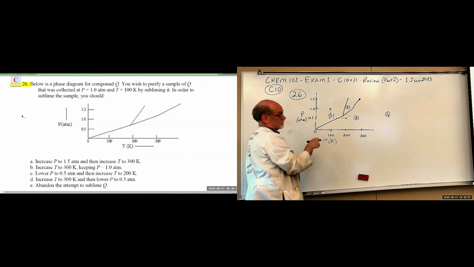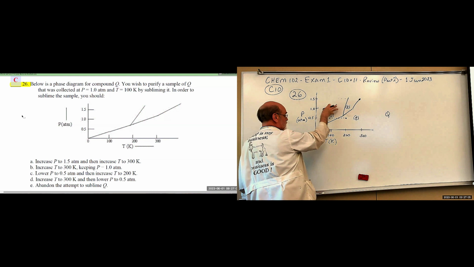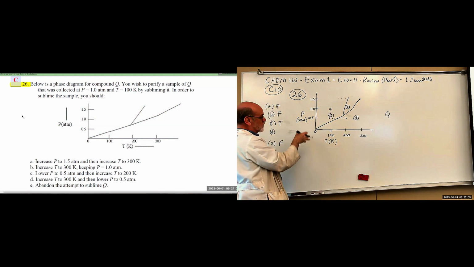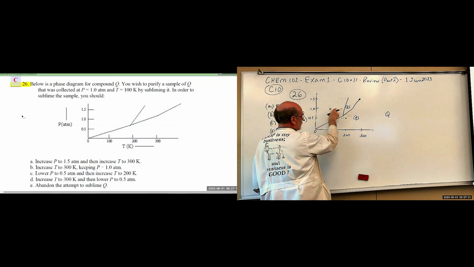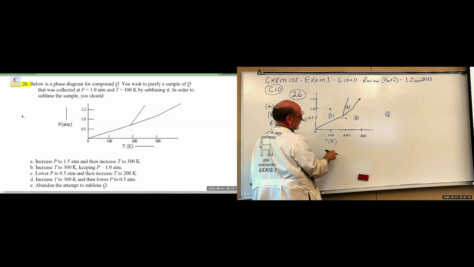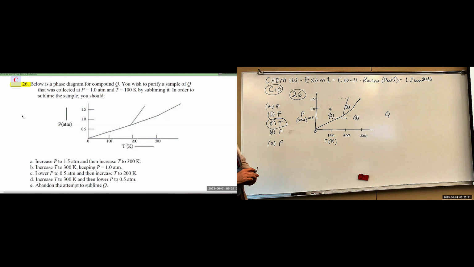For all we know, the contaminants would vaporize just as quickly. If we collected everything in this region, then it's logical to assume that if we go through the liquid and into the gas, we're also going to carry those contaminants with us. So I think the best answer is C. If that makes any sense. Hope it makes some sense.